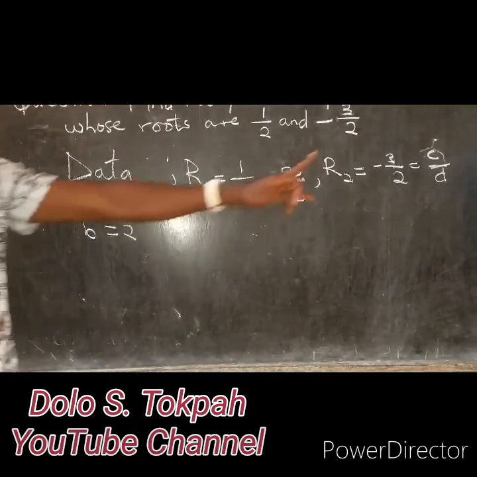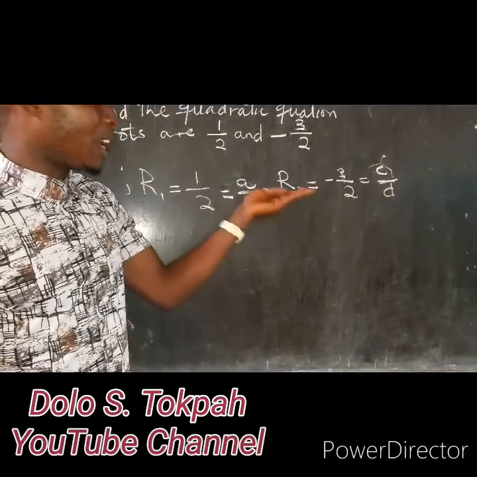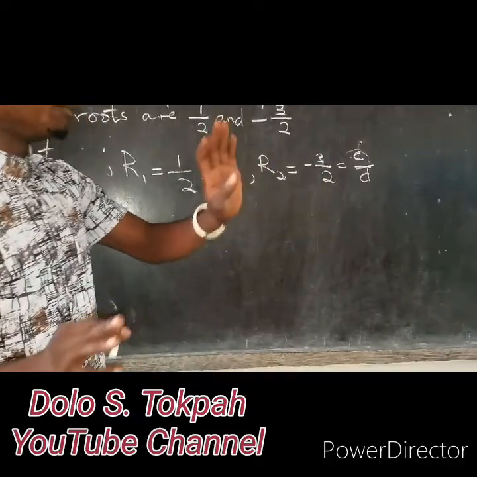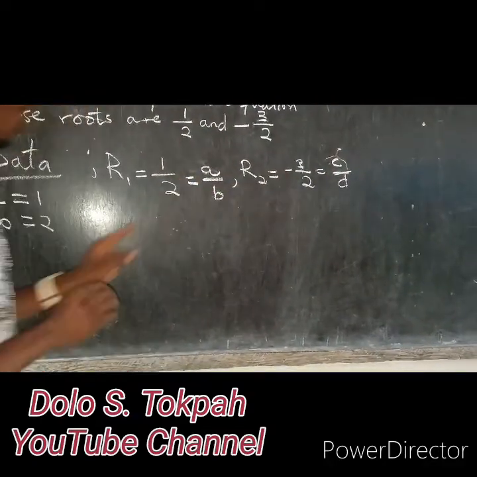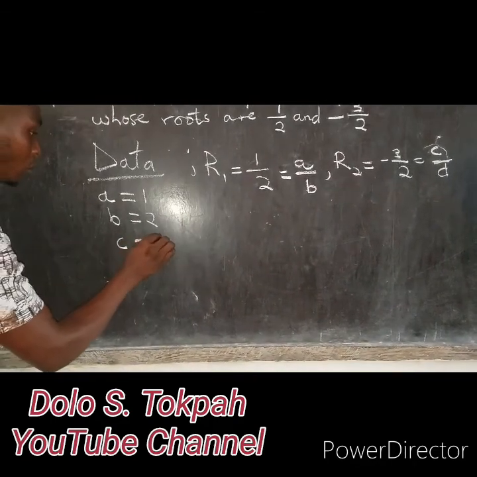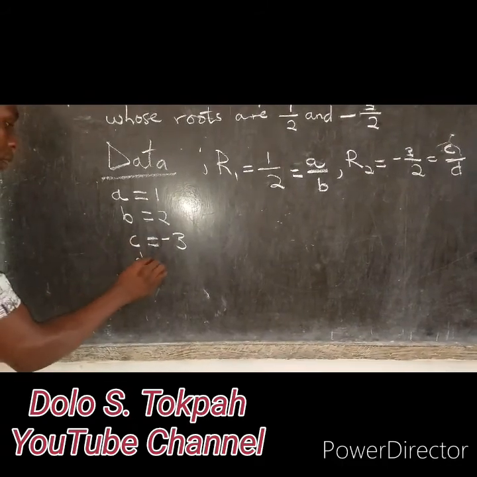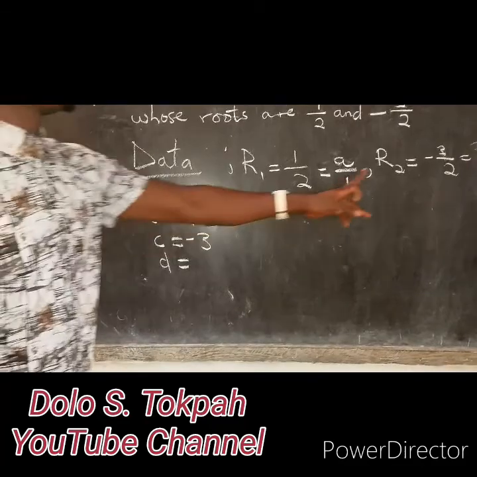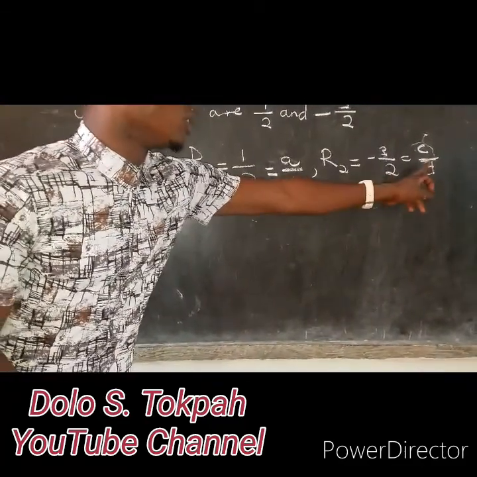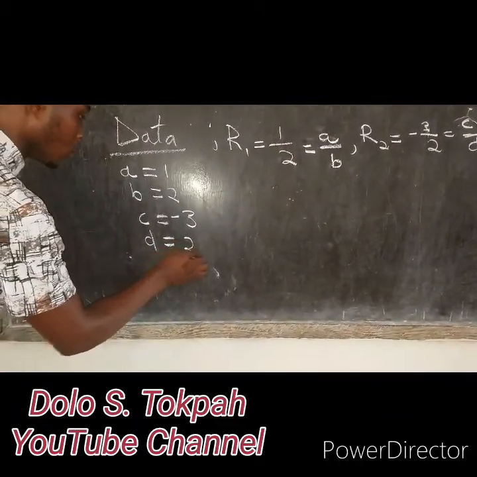So C/D is R2, and we got -3/2. It means that C is equal to -3, and D, the denominator of the second root, is 2.